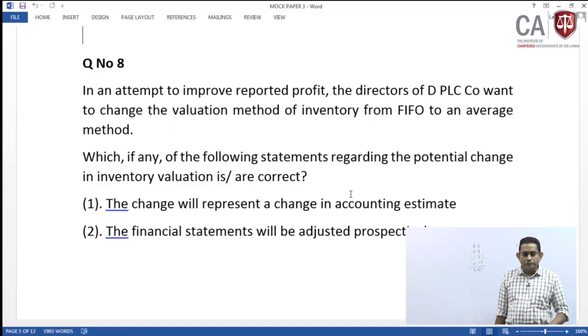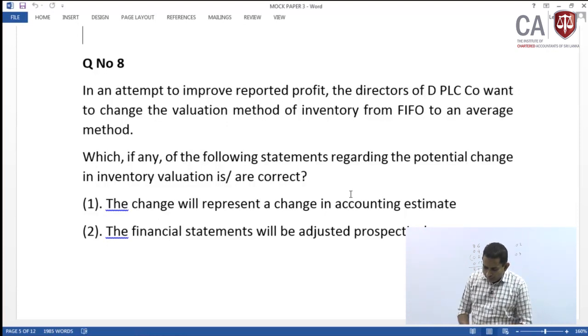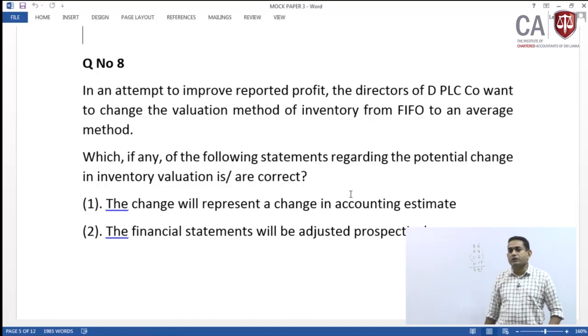Now, IAS 8 talks about changes of accounting estimates, accounting policies and errors. Sometimes we find it difficult to distinguish the changes in accounting policies from the changes in accounting estimates. Now, I can give you some easy methods to identify what an accounting policy change has to be.